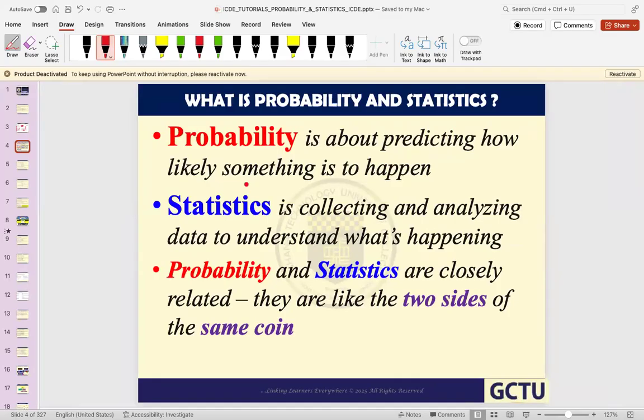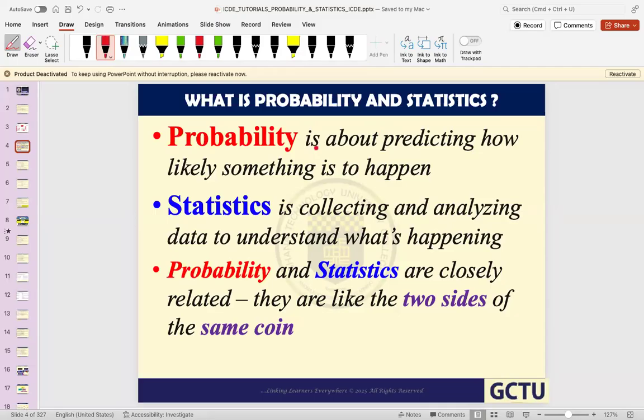That when you hear about probability, what comes into your mind? When you hear about statistics, what comes into your mind? And then why is it sometimes necessary to combine the two at the same time?